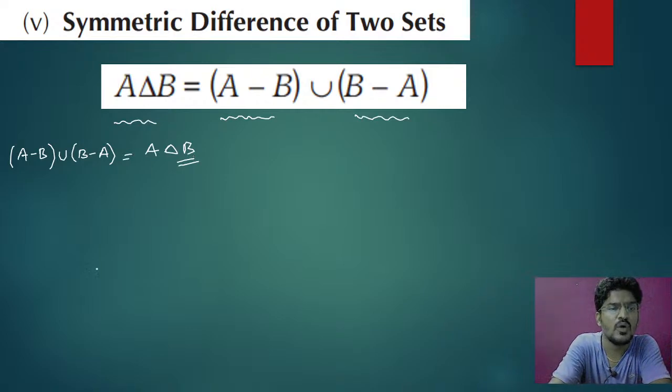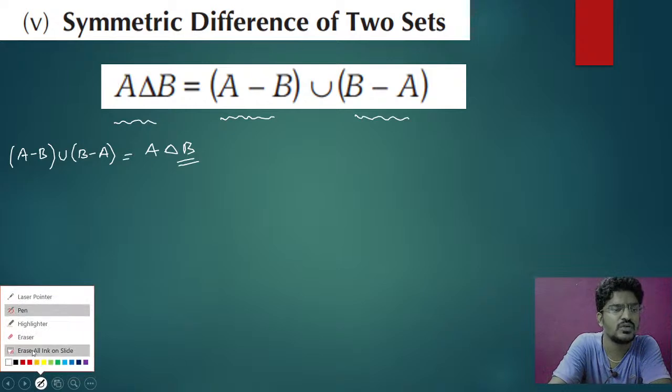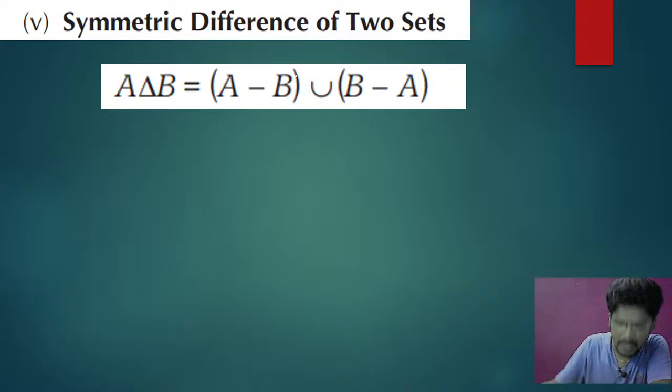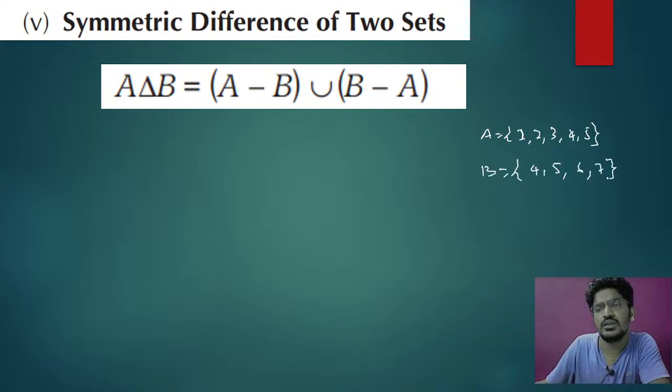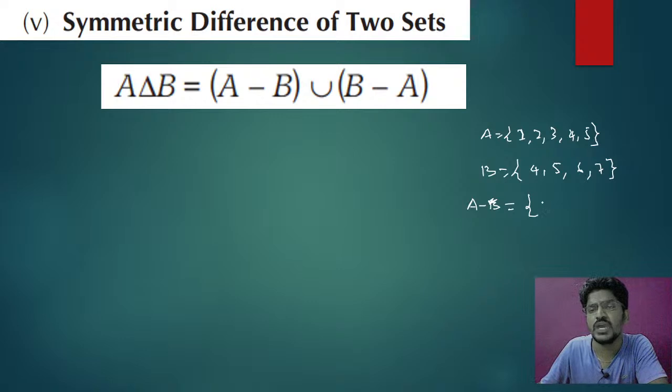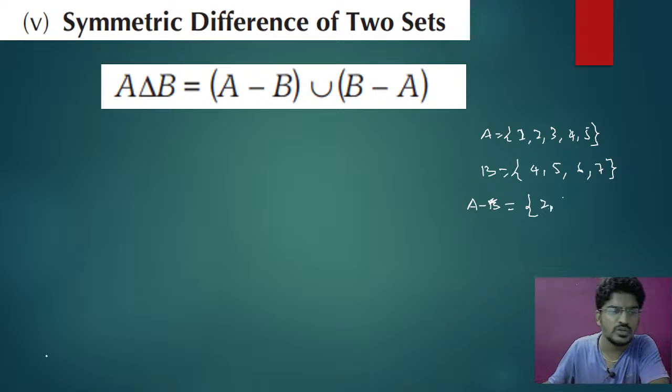So I think you all need an example to get convinced with this. Don't worry, I will take an example. You see here, A equal to 1, 2, 3, 4, 5. B equal to 4, 5, 6, 7. What is A minus B?